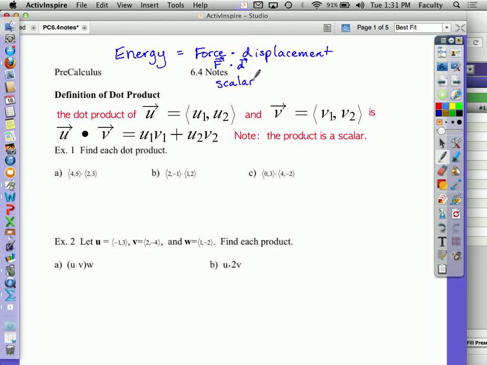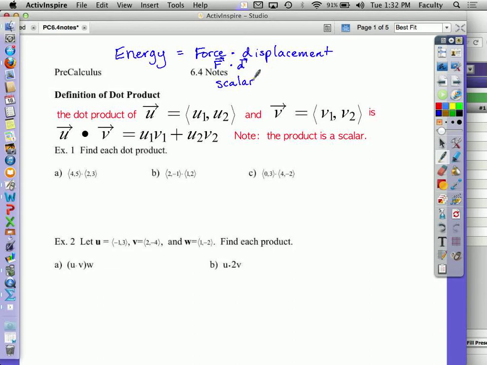Energy is a real number. So I wanted to motivate our lesson with a little physics here: energy is force times displacement, and the product of those two vectors is actually a scalar. And you should remember from the previous lesson that a scalar is just a fancy word in physics for a real number, versus a vector.